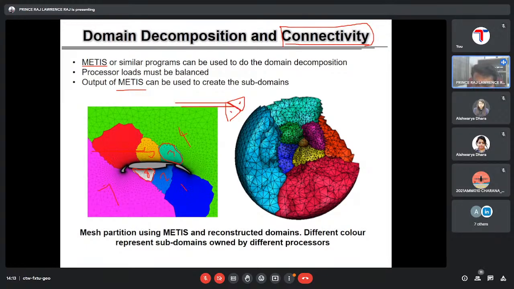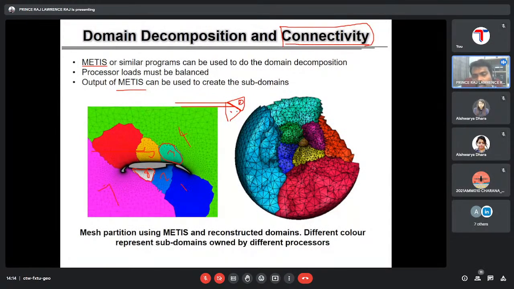Flux calculation has to be done, which means two data are required: one on the left side and one on the right side. This cell belongs to one processor and the other side belongs to another processor. Now these two processors have to communicate. Communicate means it will send the data of this cell here, and also ask for the data of this cell. That's it, nothing else.